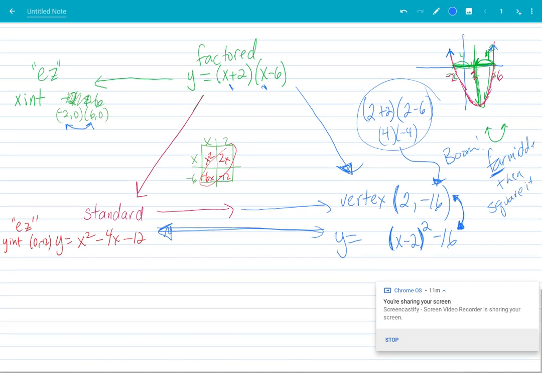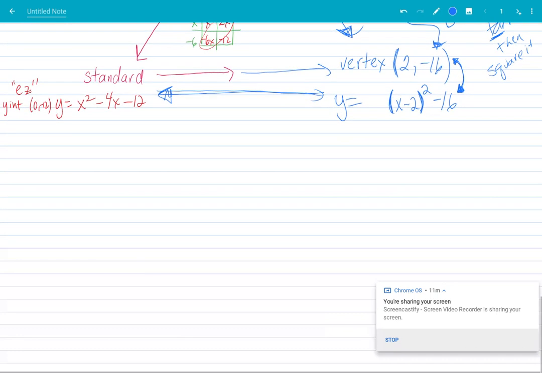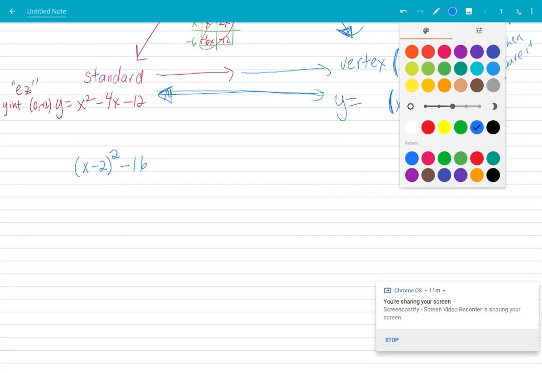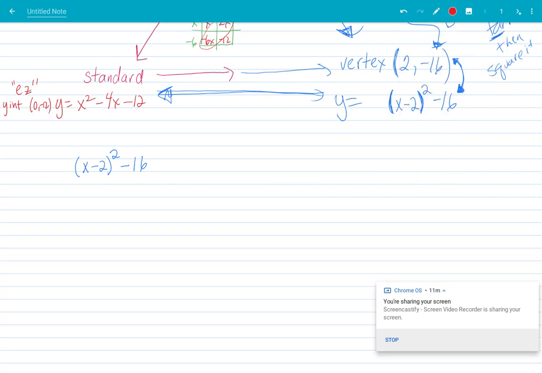Okay, all right, let me make some space here. Now go real slow here, okay? x minus 2 squared minus 16. So what we can do is make a box with a set of twins. And why do I call them a set of identical twins?